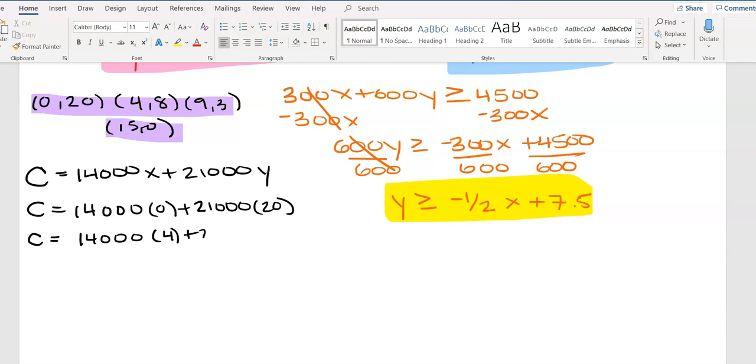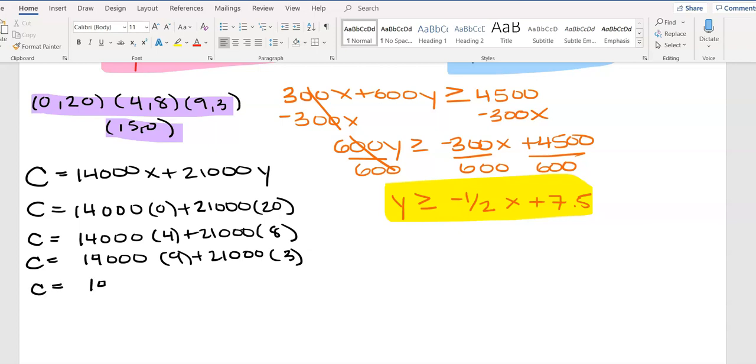So notice I'm just plugging in each of the x values to the x in the equation, and each of the y values into the y for the equation, and then I'll calculate each one of these, and I will see which one gives me the smallest cost. And the smallest cost is going to be the one that I want for my answer, so we'll just type those in and see what we get.